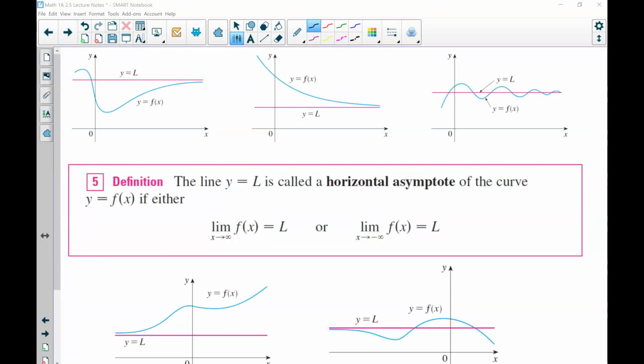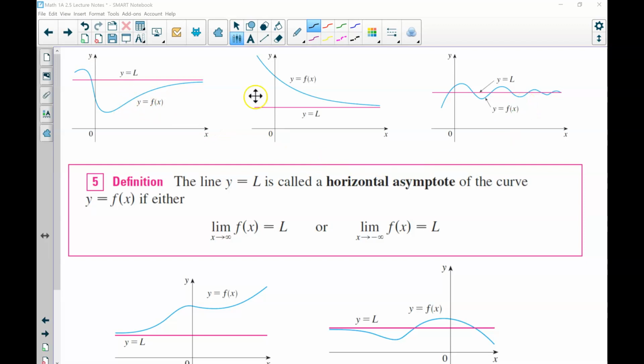Now, if you look at these next 3 graphs at the top here, these are geometric illustrations that show that the function is approaching the line y is equal to L in 3 different scenarios. And y is equal to L is called the horizontal asymptote.